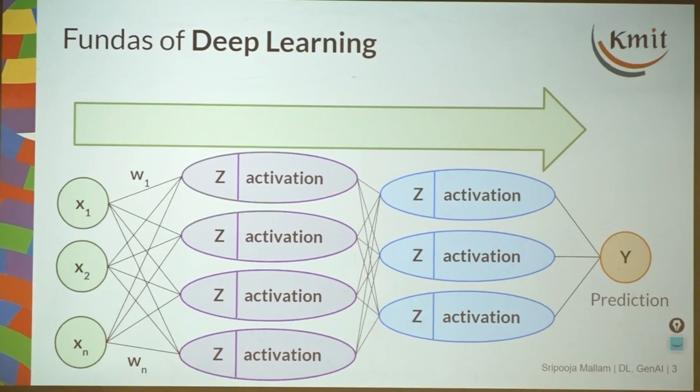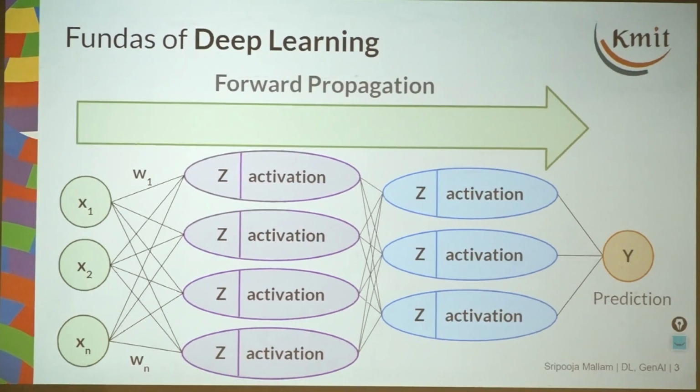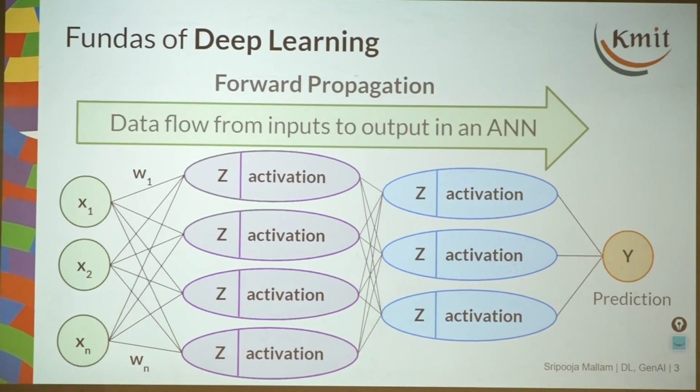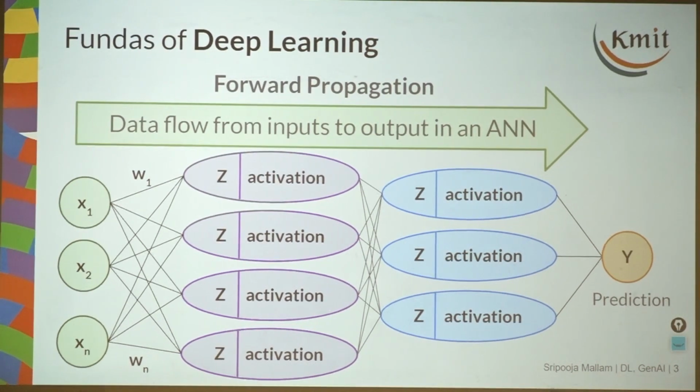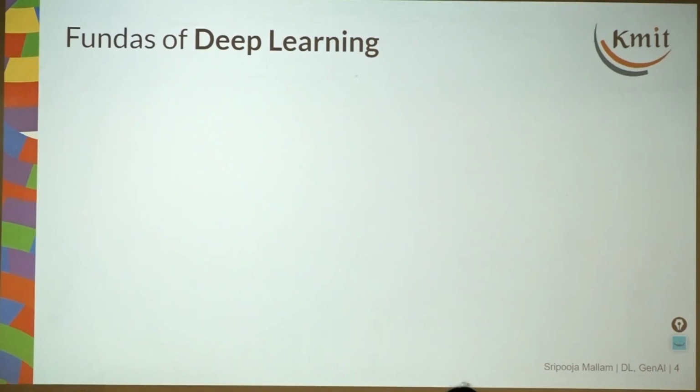So we understood the flow of data from left to right. So this is called forward propagation. Yesterday I did not use that keyword intentionally. I wanted to keep it as simple as possible. But this flow of data from input stage to the prediction stage is called forward propagation. So data flow from inputs to output in an ANN is what constitutes forward propagation.